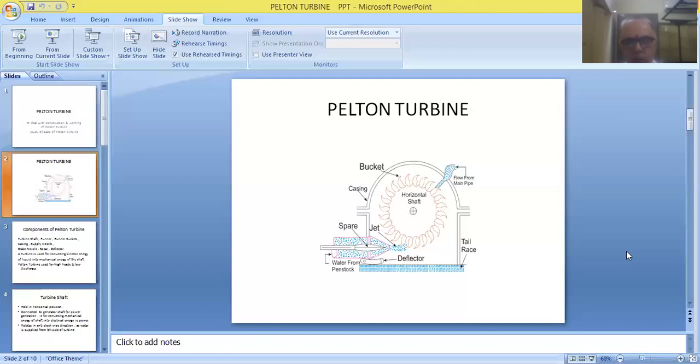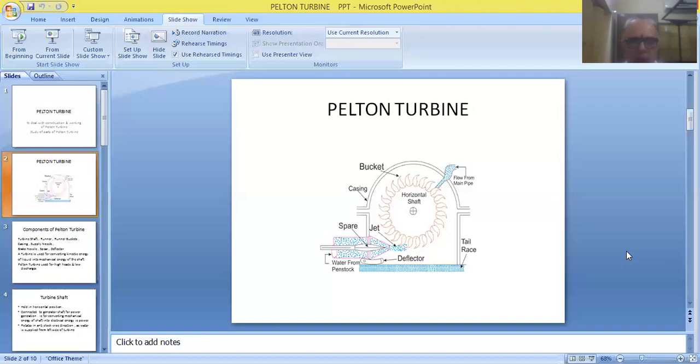The velocity of the water striking the blades is maximum. Therefore, it is also called a velocity turbine. So here, the nozzle is very essential for operating the machine. In other words, it's very essential for raising the kinetic energy of the liquid.